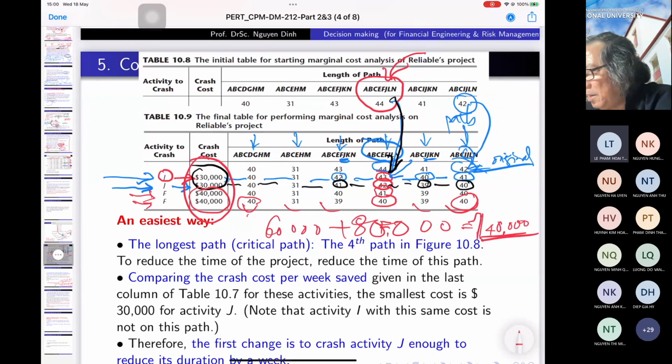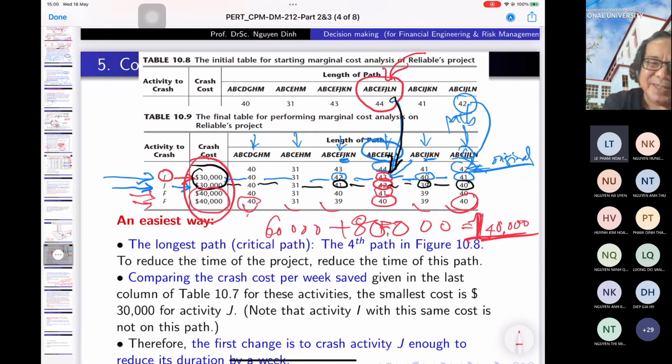So you see, you can reduce to 40 weeks, and then you have to pay $140,000. But if we look at the condition of the project, when we signed for the project, if you reduce to 40 weeks, then you can get $150,000.